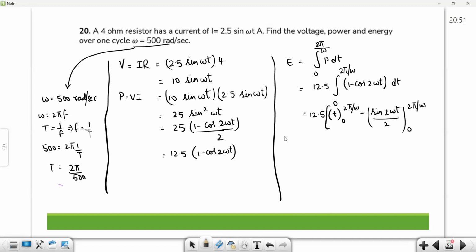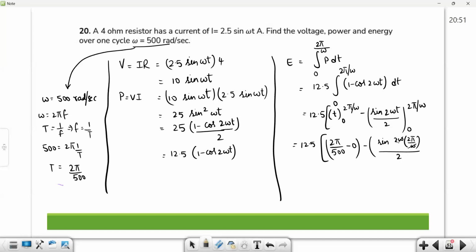Now you first substitute the upper limit. 12.5 into the upper limit, 2 pi by 500, minus the lower limit, which is 0. Here also you substitute the upper limit. Sine 2 omega t, in place of t you substitute 2 pi by omega, then omega and omega get cancelled.